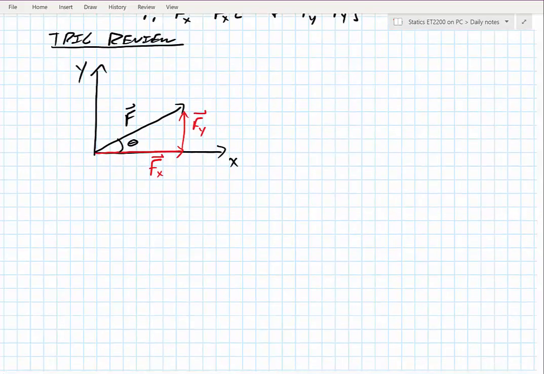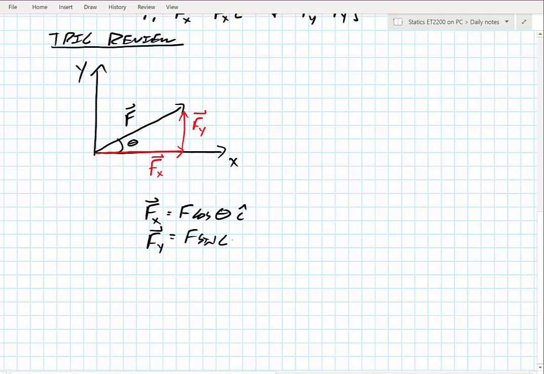Now from trig, you might remember our vector in the x direction is equal to f times the cosine of theta. Notice that's all a scalar, so I'm going to put in my unit vector i hat, and same idea in the y, but now I have sine theta.